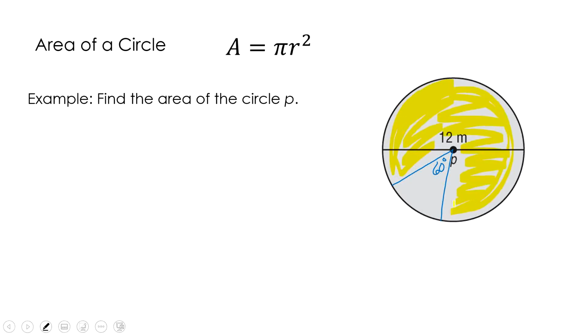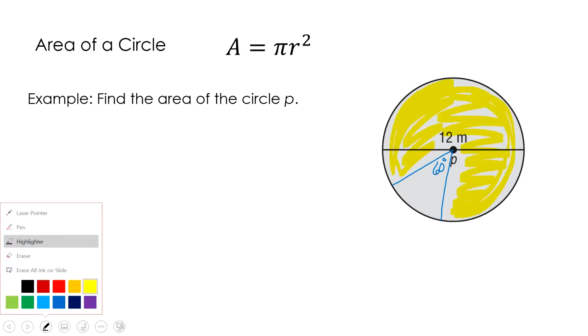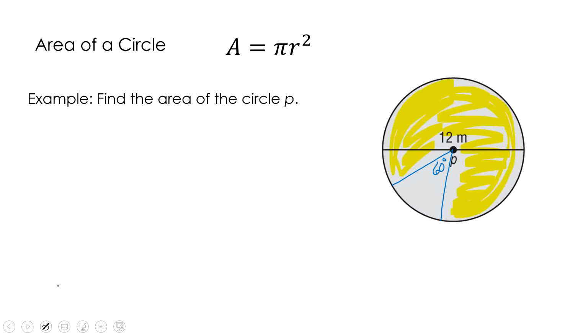So we want the area of our shaded circle. Remember that our formula for that is x over 360 times pi r squared. That's the area of a sector. So we look at what we're looking at. We're trying to find the area of our shaded region, which was the yellow region.